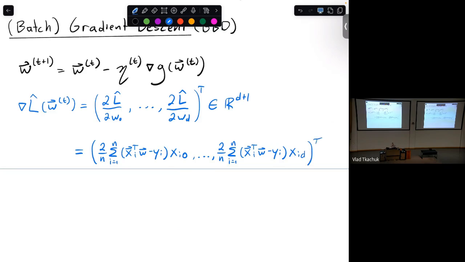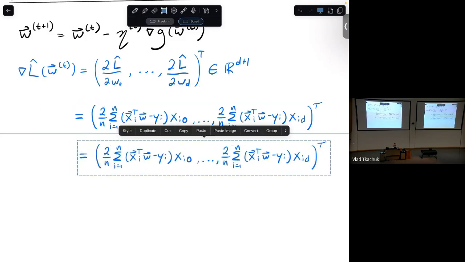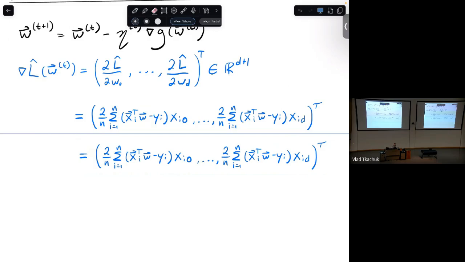All right. And then this can be simplified a little bit by noticing that, as I said, the only thing that depends on the index is this term here. And so this other term is just a constant. You can pull that out. And so we get that this is equal to, taking that out as a constant, and now I just have a vector of these x_i's.